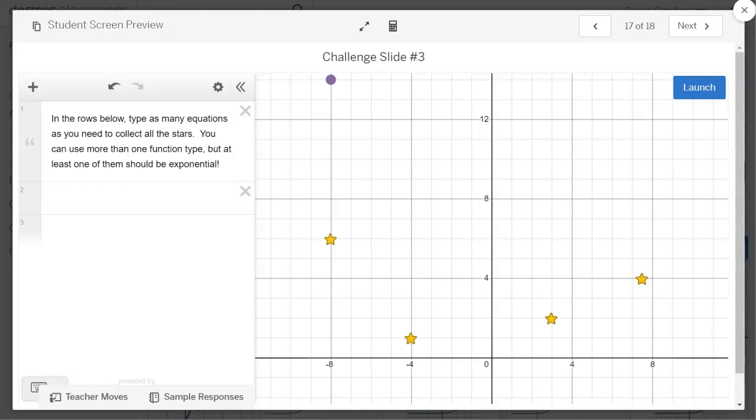This one says you can use more than one function type, so I'm giving them the liberty of using linear, absolute value, exponential. Those are the 3 we're comfortable with so far. But if they are crazy enough to try something they've never seen before, I wouldn't have a problem with that at this point. We're just kind of playing at this point.